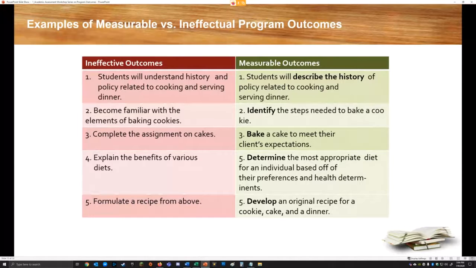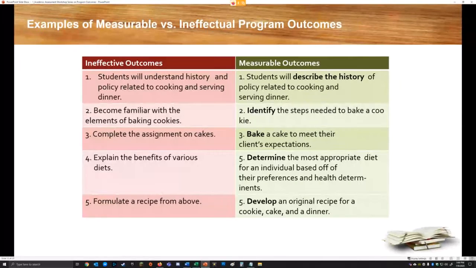Another example of an ineffective outcome is explain the benefits of various diets. So it's not really the verb that's the issue here. The issue here is that it's not student-centered. The instructor has described what they were going to do to teach in the lesson, not what they wanted the student to be able to do.